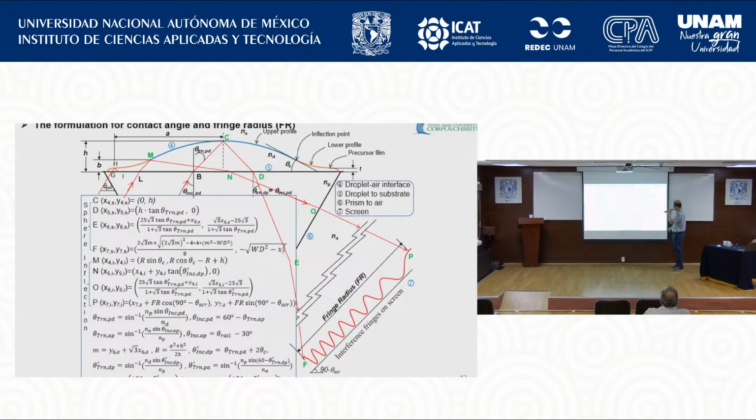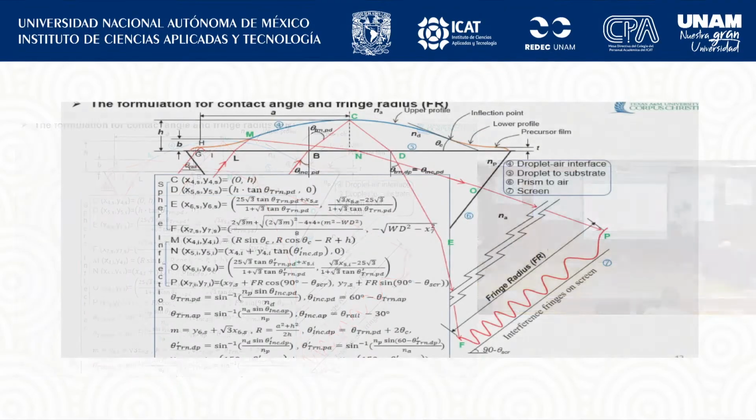Fringe radius means from the center, from the expanded laser center, to the edge. That is a fringe radius. We defined this one, okay, and then we got a relation between the fringe radius and the contact angle here. Contact angle is now in the equation.